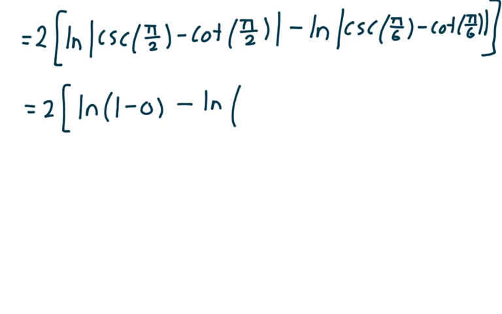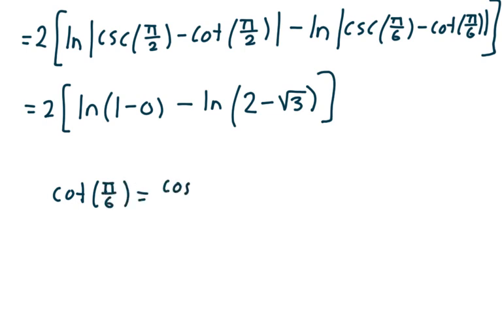Now, cosecant of pi over 6 is 2. Cotangent of pi over 6 is square root of 3. So I claim you're going to get 2 minus square root of 3 for that second number. How did I know that? I took cotangent of pi over 6 and wrote it as cosine of pi over 6 divided by sine of pi over 6.